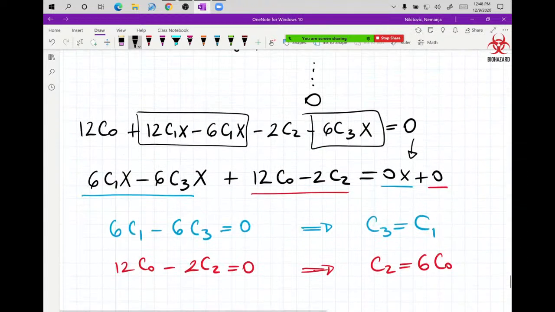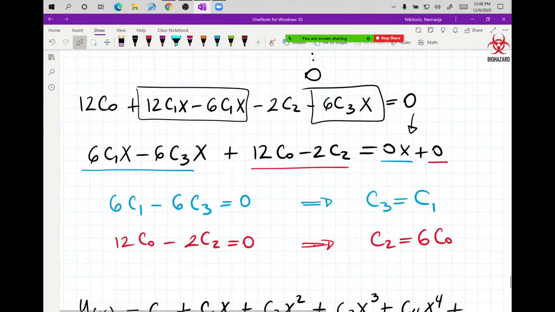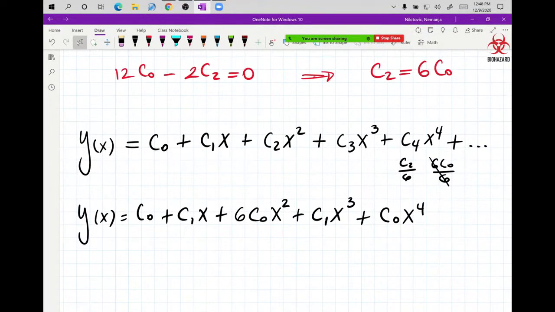Now, we calculated that all other coefficients are 0, so the solution stops there.